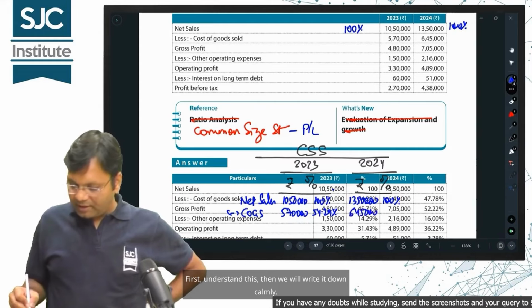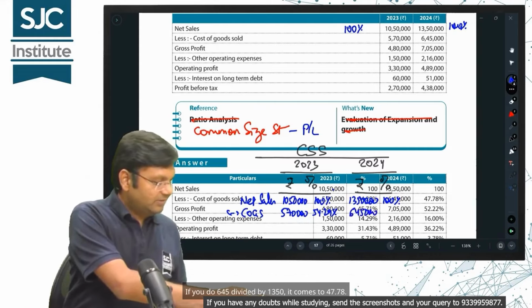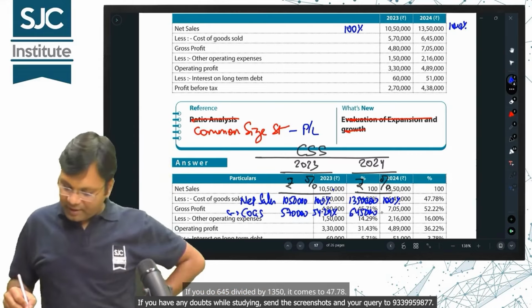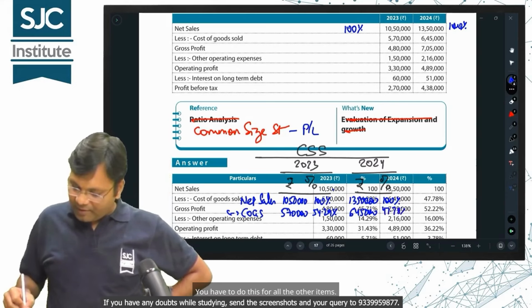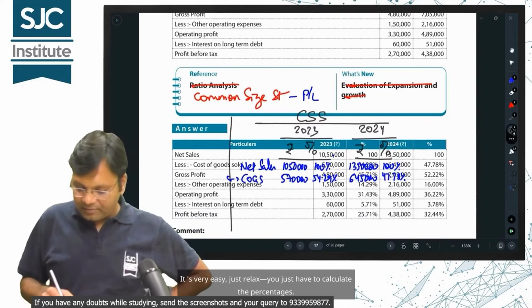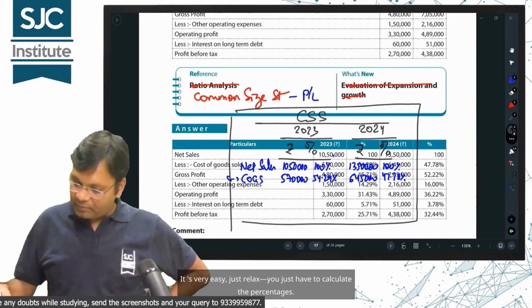First, understand this, then we will write it down calmly. If you do 645 divided by 1350, it comes to 47.78. You have to do this for all the other items. It's very easy, just relax. You just have to calculate the percentages.